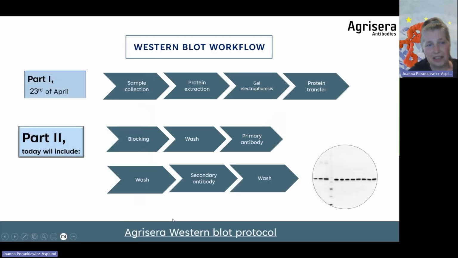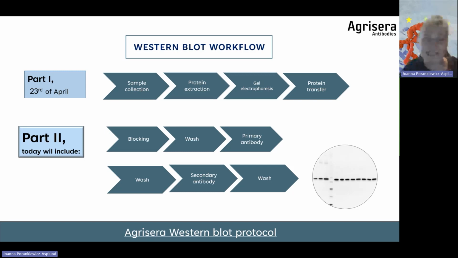And now we are coming to the focus of our meeting. Here I would like to remind you of the flow of the Western blot. So in part 1, I covered the steps from sample collection until protein transfer. And this part is available as a recording, which you will receive a link to if you would like to download it.